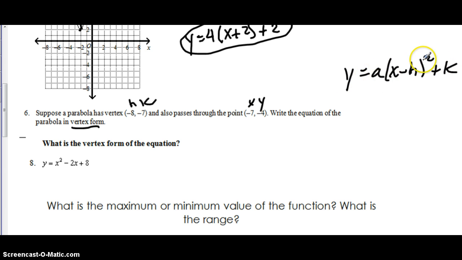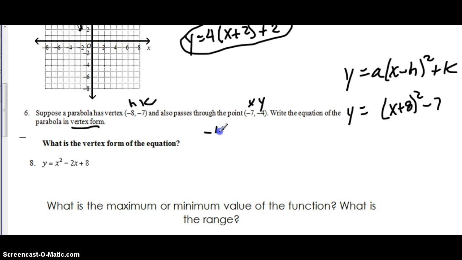We've already found h and k. Take the opposite of what you think that is. Now we're looking for an a value. Well, to find the a value, we're going to have to use this point here for x and y.